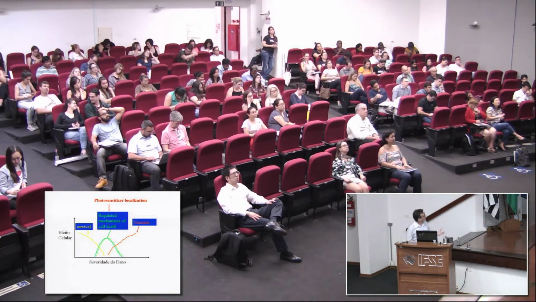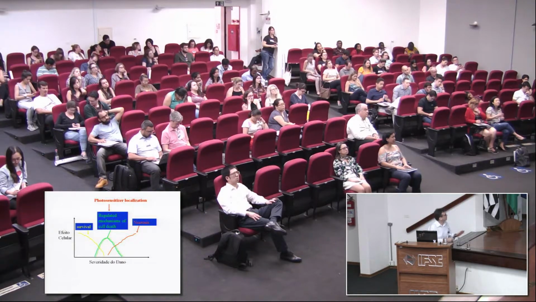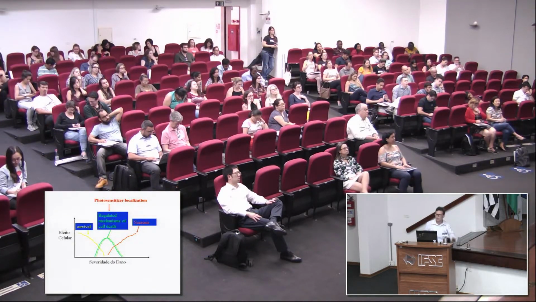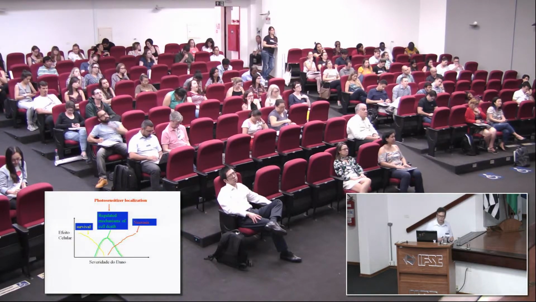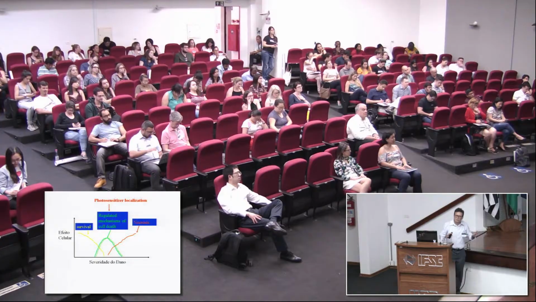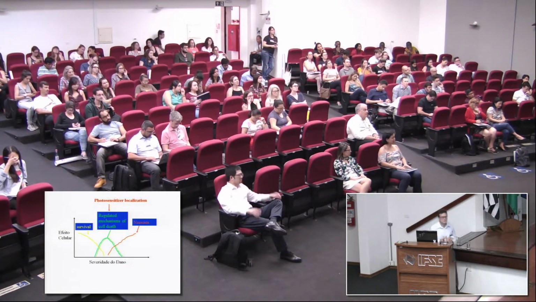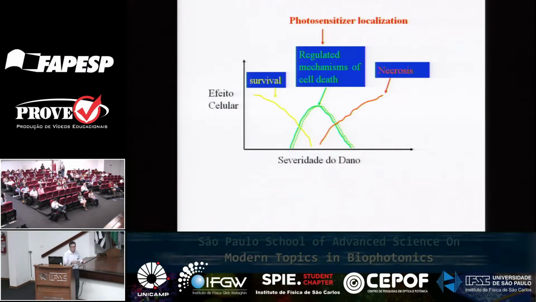So I should remind you that all cells will die by necrosis, depending on the level of damage that you do. If you do a very strong damage, you put a lot of dye and light many times, all the cells will burn out, okay? That doesn't say anything about the efficiency of the dye, because it happens independent of the cell or the dye.